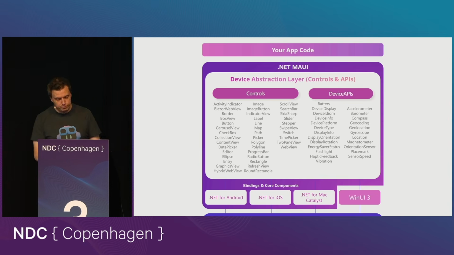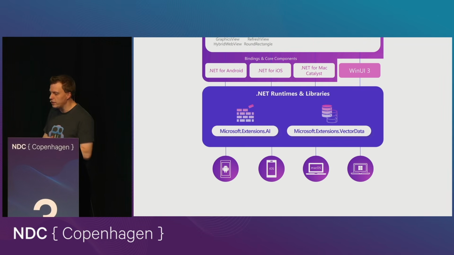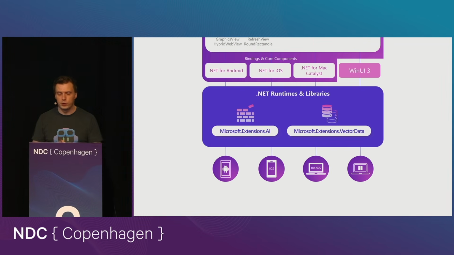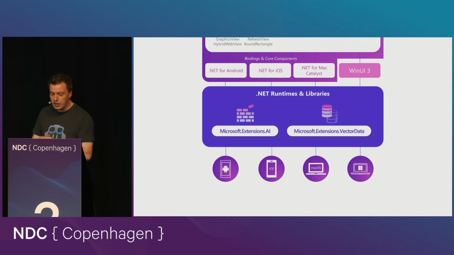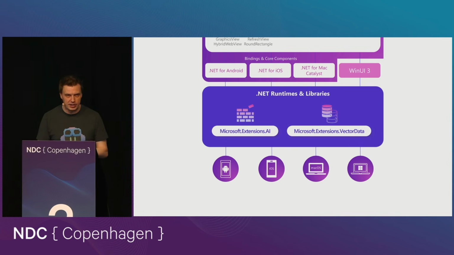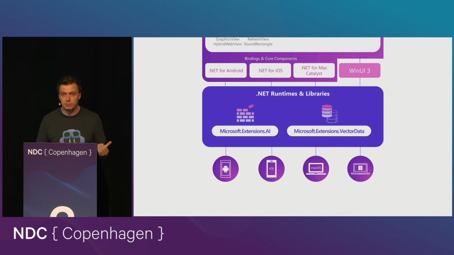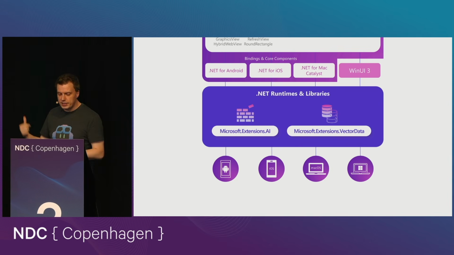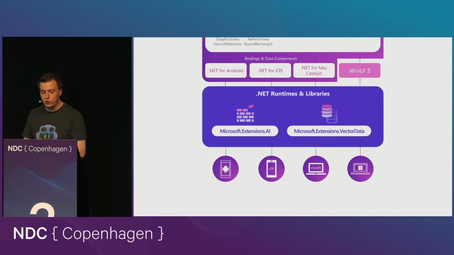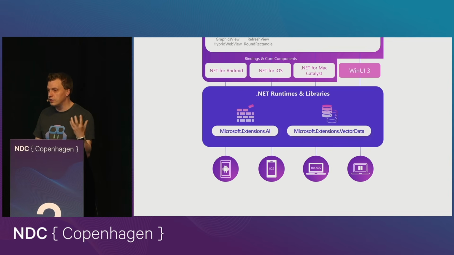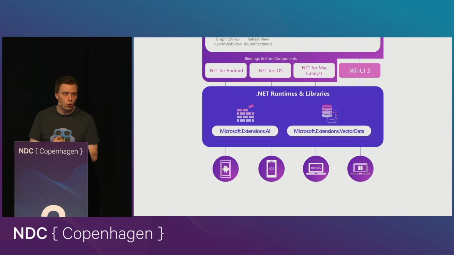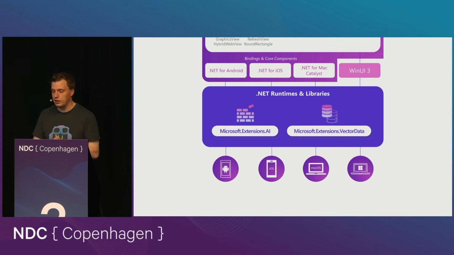And now we also have Microsoft Extensions AI, which is not specific to MAUI at all, but you can use it with MAUI. We'll get to that in a little bit, but it lets you very easily add the greatness of AI to your .NET and .NET MAUI apps.